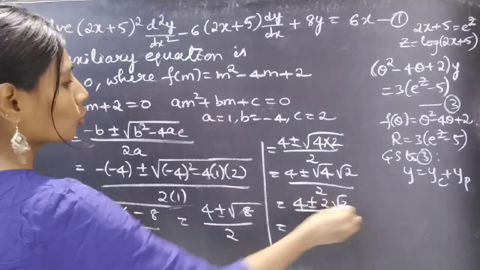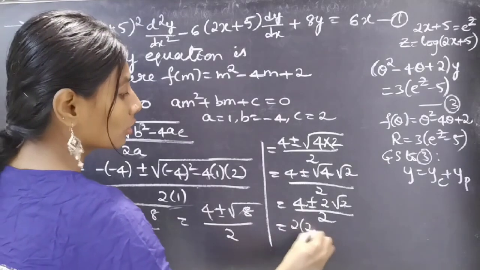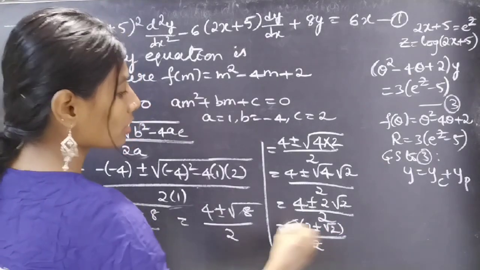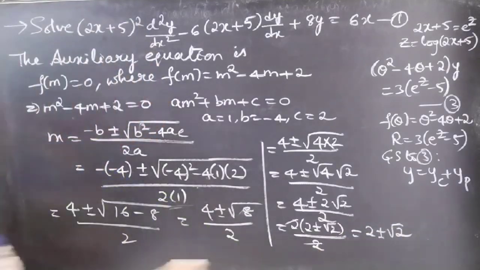right? Now take 2 common from these two terms in the numerator, then you'll get 2 times (2 plus or minus square root of 2) by 2, where 2 gets cancelled, and we'll get 2 plus or minus square root 2. Okay, conjugate irrational roots.